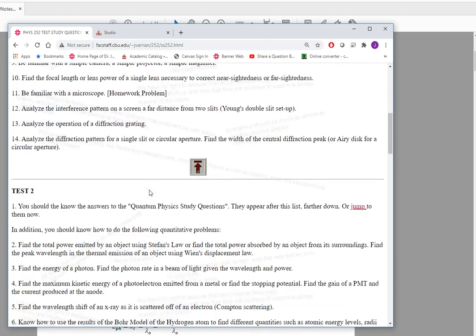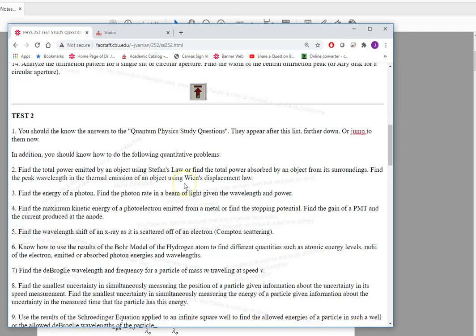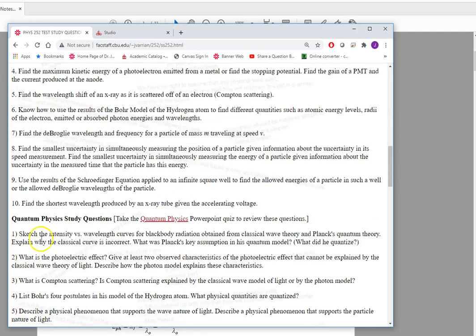But if you go to test 2, there are what I call quantum physics study questions that you should know the answers to, in addition to the typical quantitative type things like formula stuff. Okay, so there is some just information that I want you to know. And those quantum physics study questions are listed right here, and they'll appear in the PDF.